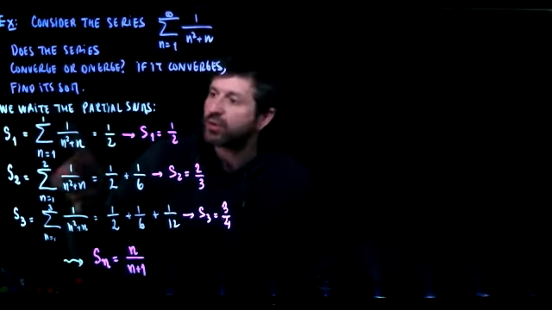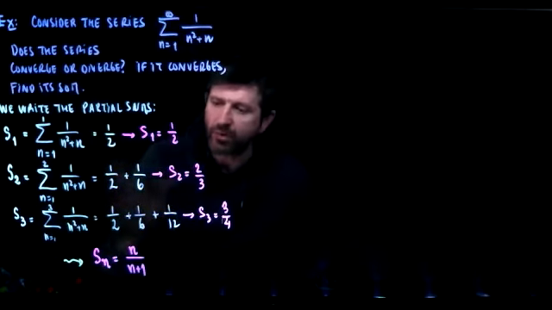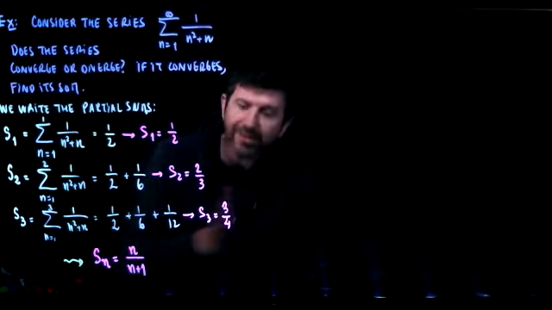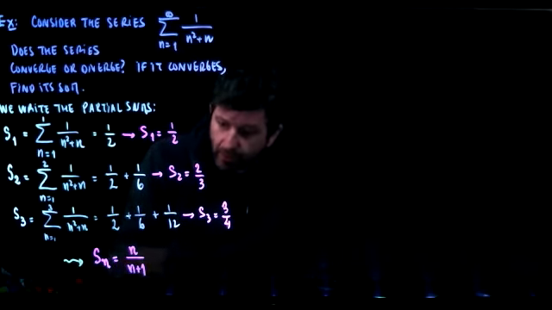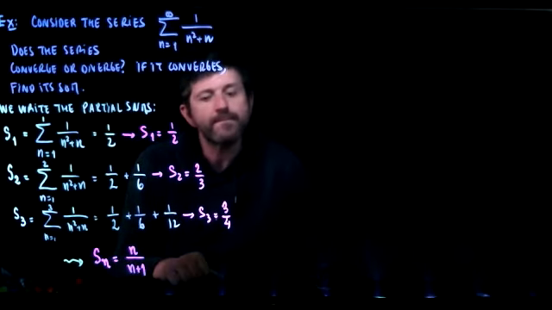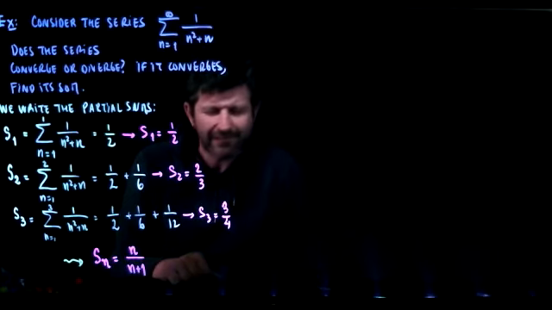S1 is the series until the first term. S2 is the series until the second term. S3, the third term. Sn, the first n terms. So the first n terms apparently will add up to n over n plus 1. Good? Questions? Anyone?